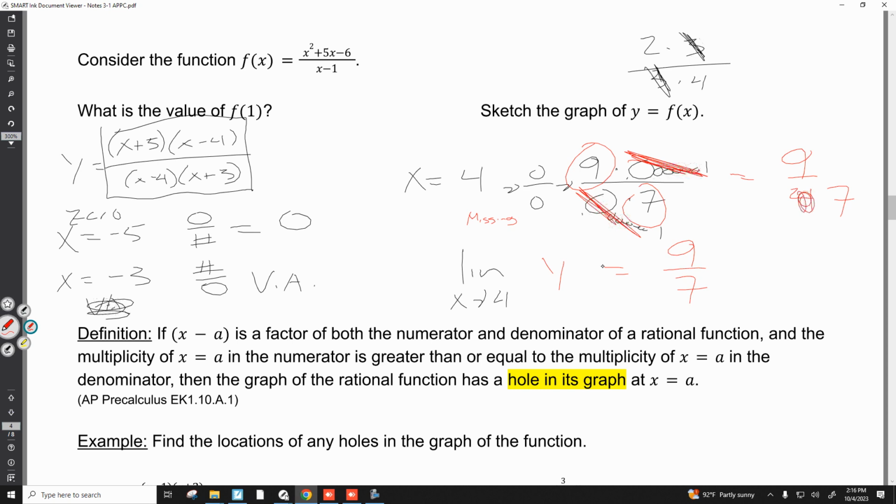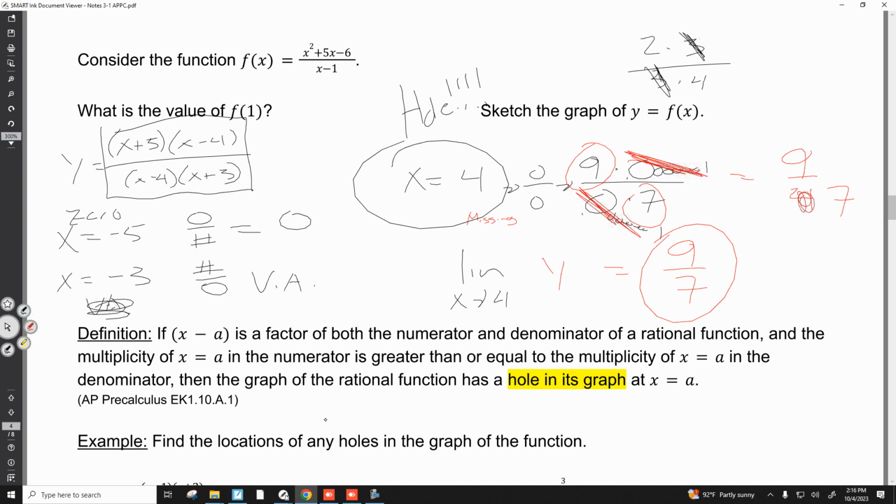This is our bells and whistles going off saying, hey, you are not approaching larger and larger values. You're approaching a very specific y value. We have a hole. And the hole's location is at (4, 9/7).